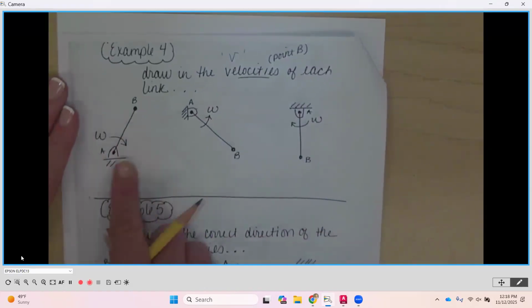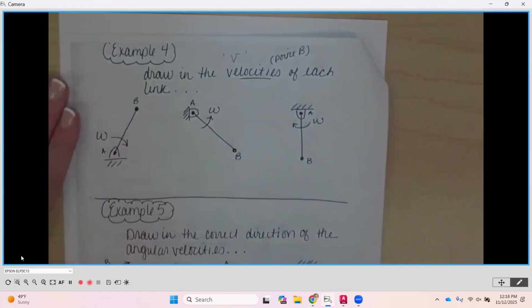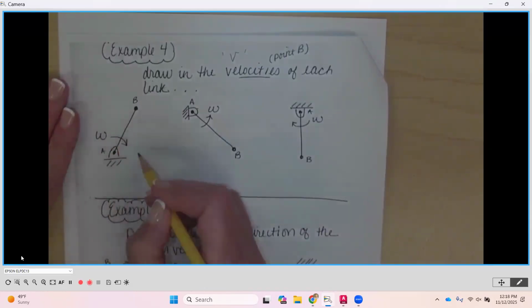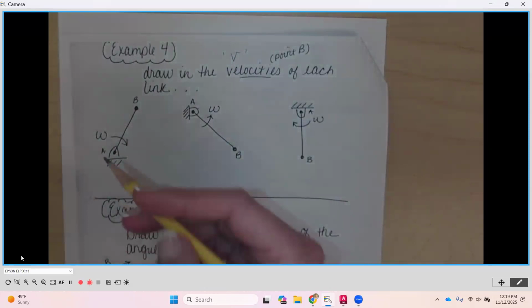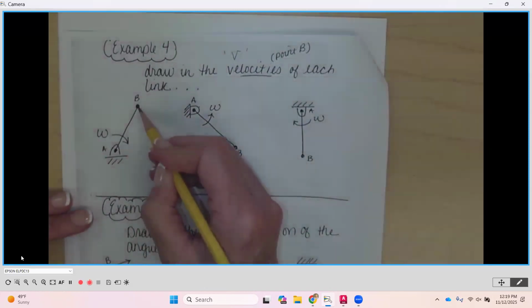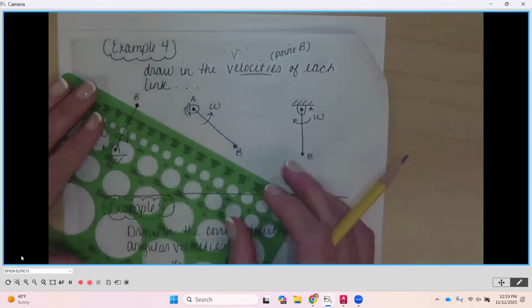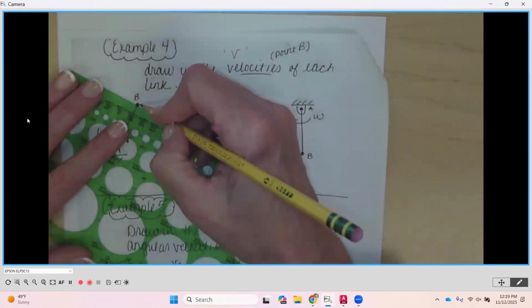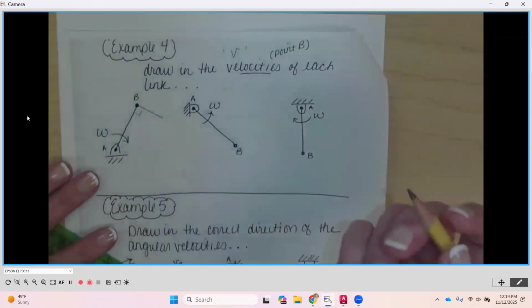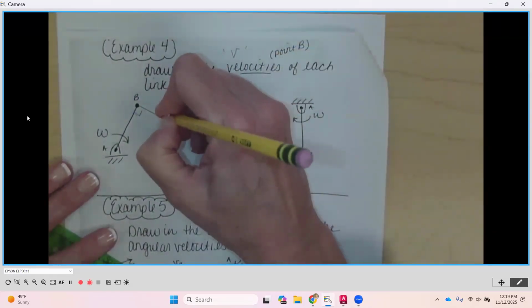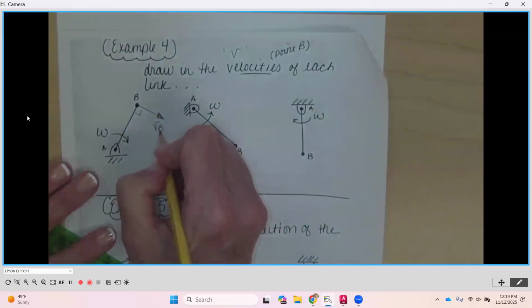If we look at the first example on the left-hand side, you're going to notice that we have the angular velocity W going in a clockwise direction here. If we look at where B is, you're going to notice it's on the end of this link. So for drawing in that velocity, we're going to draw it perpendicular to our link, going down and to the right, and then we're going to label it VB.